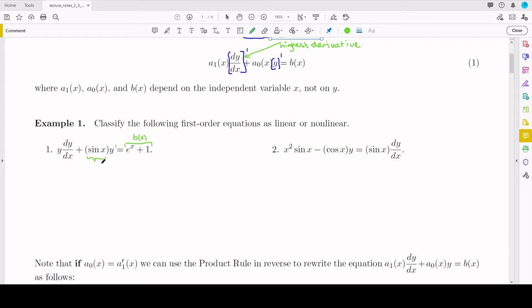And then sine of x, that's our a naught of x. And then we have dy/dx that shows up to the first power, and that is all good. But now the part where it goes wrong is that the function in front of dy/dx is not a function of x. We see that's a function of y. So this is a nonlinear differential equation.